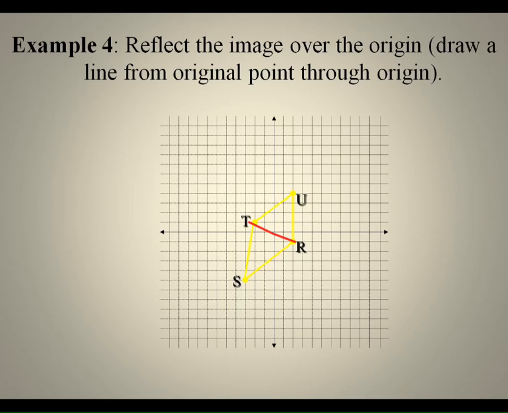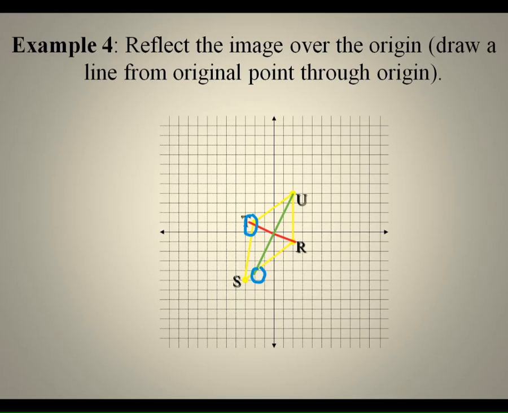So R prime is going to be over here. For U, it's that distance here, so it would be somewhere down there. Okay, that makes sense. U prime would be down there. R prime would be up there. T prime would be close to where original R is.